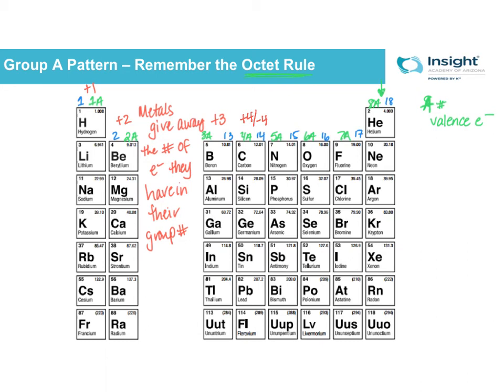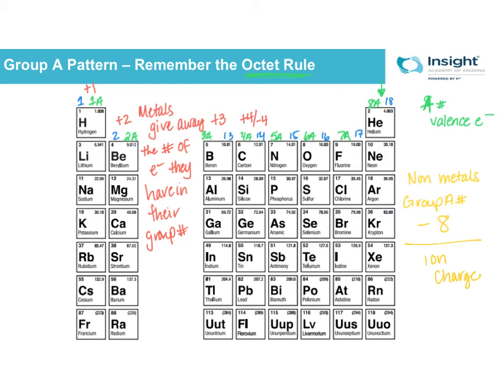So for your nonmetals, if you take their group A number and you subtract 8, that'll give you the ion charge. Essentially, you're figuring out how far away it is from 8.